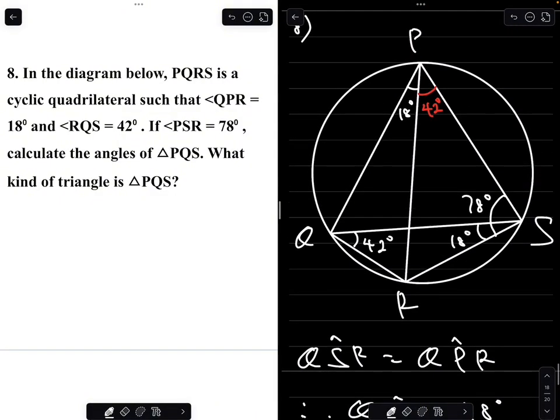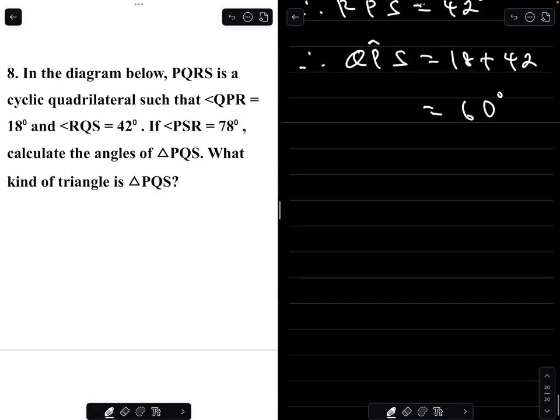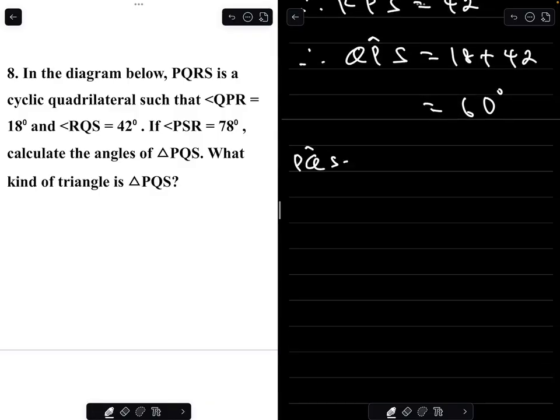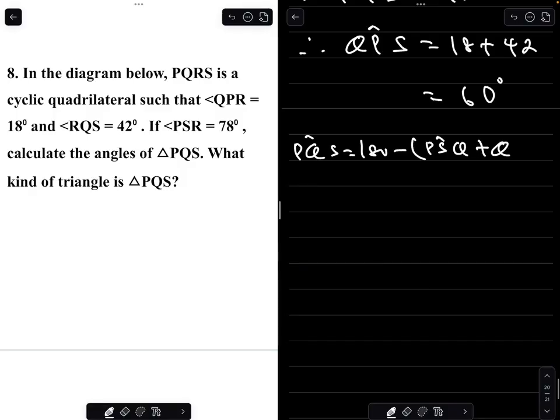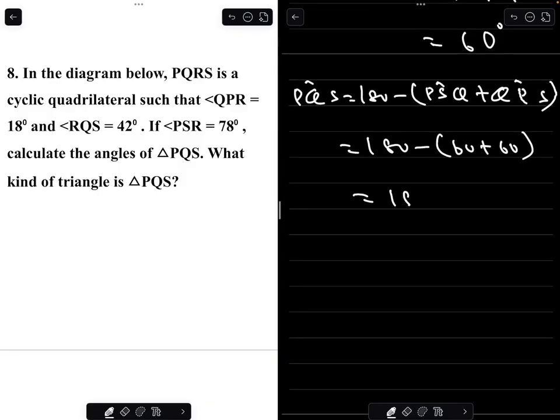Angle PQS is equal to 180 minus angle PSQ, which is this, plus angle QPS, which is this, and that's equal to 180 minus 60 plus 60, which simply means 180 minus 120, and that is 60 degrees.